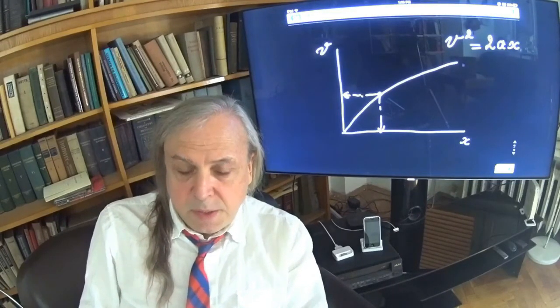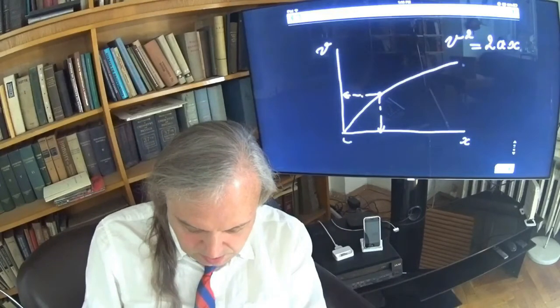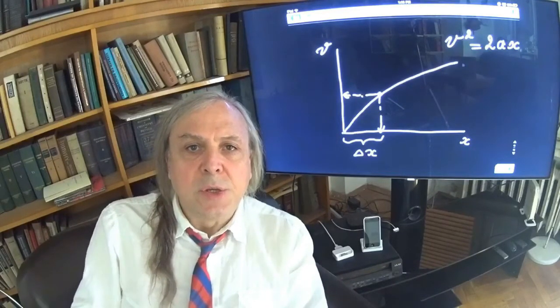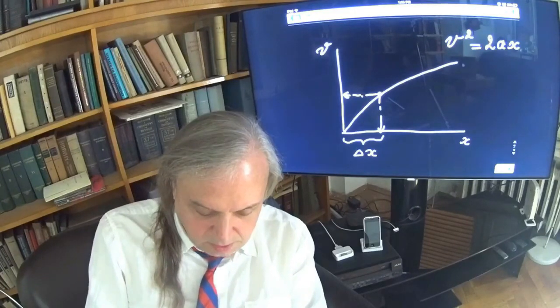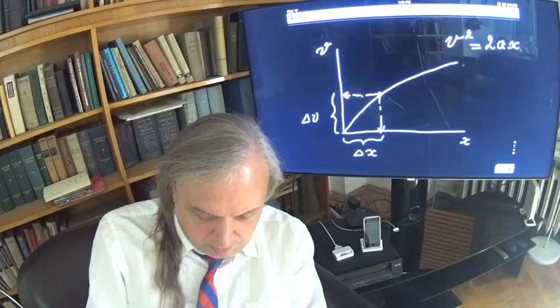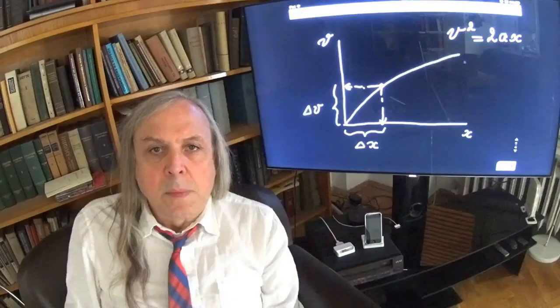In order to honor that the free body acted upon by a constant force is in motion, we must always consider the non-zero change of position in space, delta x, of that moving body, as well as the non-zero change of velocity of that moving body.